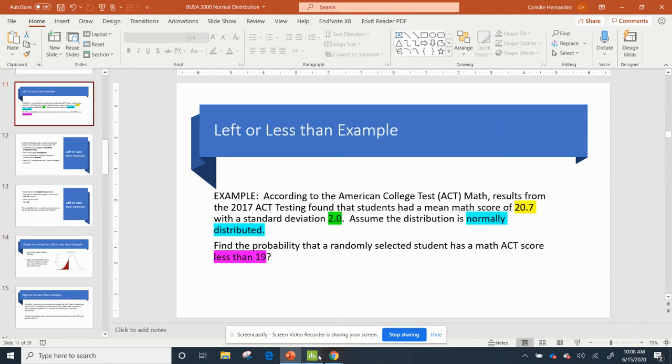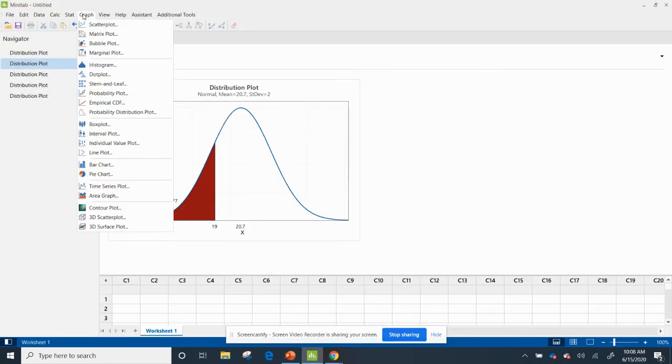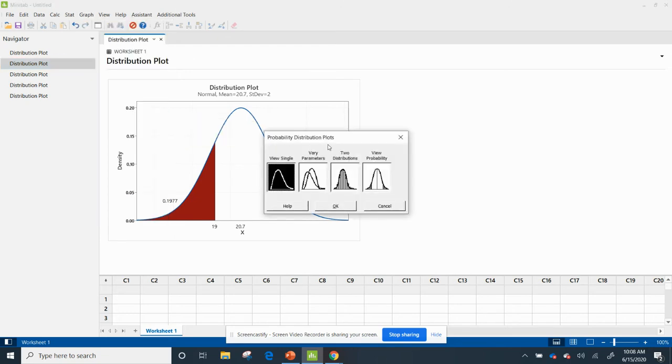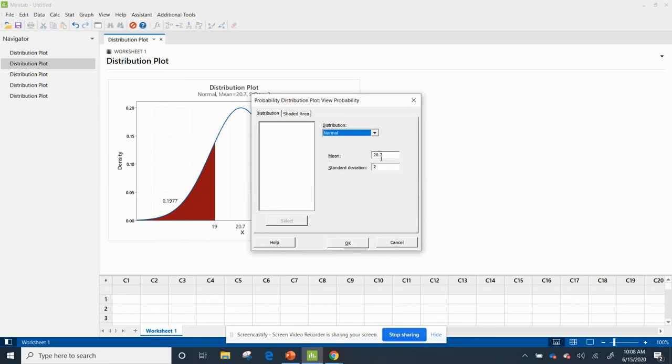Okay. So I'm going to go to Minitab and I'm going to go to Graph, Probability Distribution Plot, and I'm going to go down here to View Probability and hit OK. And you can see it has the little shaded areas. All right, first thing I'm going to do is I'm going to make sure the distribution is normal. There's a lot of other distributions, but let's do it as normal.